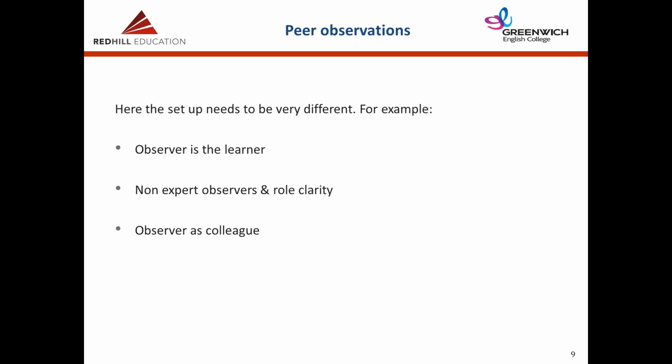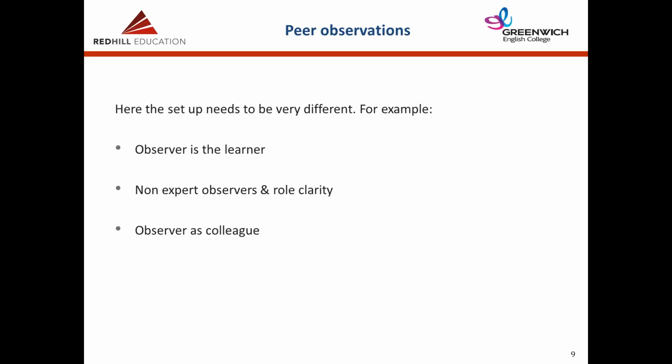And role clarity really is an issue. I mean, there's a real difficulty, and anyone who's been involved in peer observation programs can probably attest to the extra stress and the angst that comes in when one teacher is giving feedback on another teacher's lesson. They're colleagues.